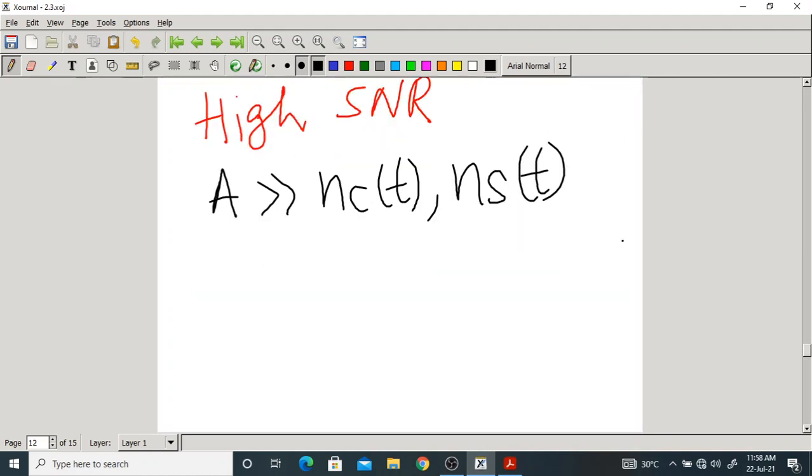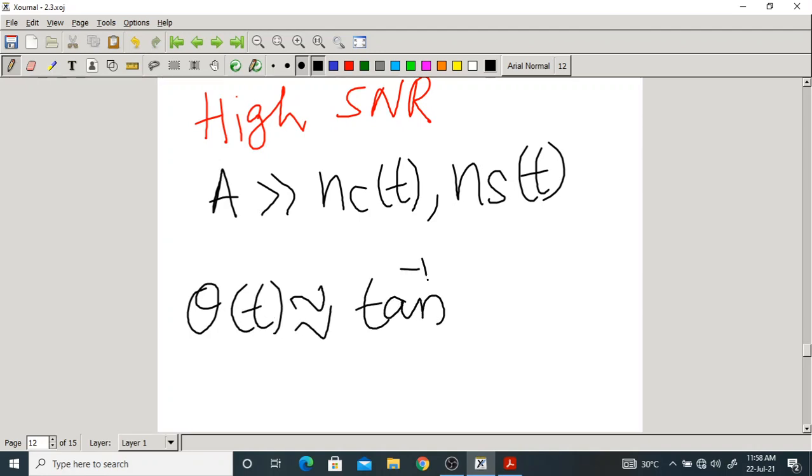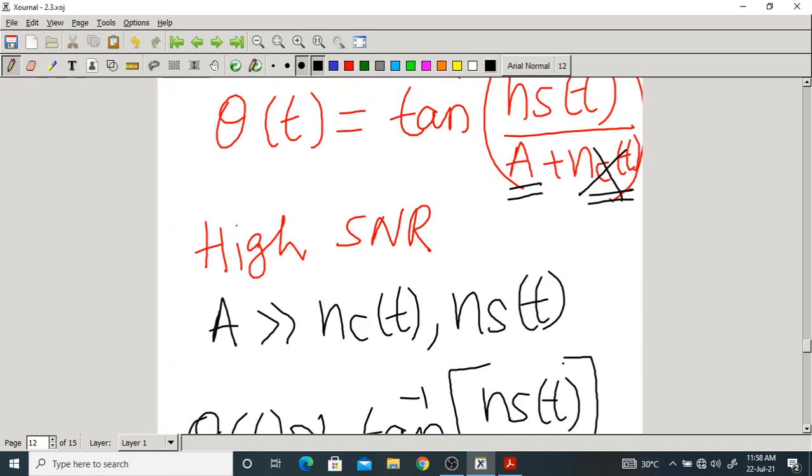What you can do? Theta of t is approximately equal to tan inverse what? Ns of t by A. Why? In the denominator of this tan inverse, I am neglecting nc of t because it is much less than A, or A is much more than nc of t.